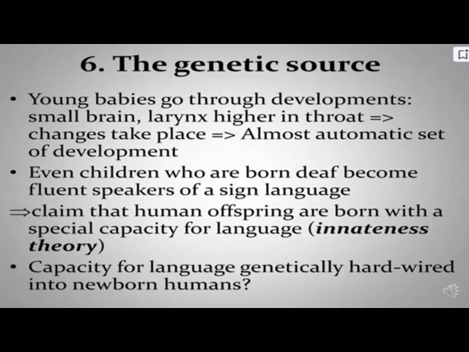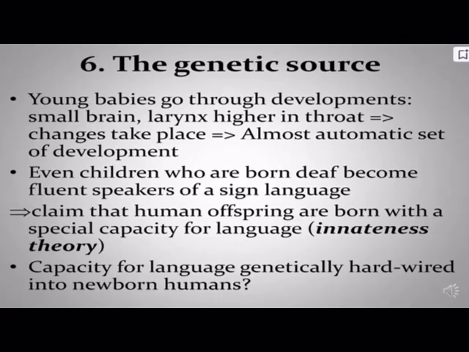Our next point is, even children who are born deaf become fluent speakers of sign language. It simply means that babies who are born deaf can't hear, and they speak a fluent language, which is sign language, because they didn't hear a single word. So how can they speak?